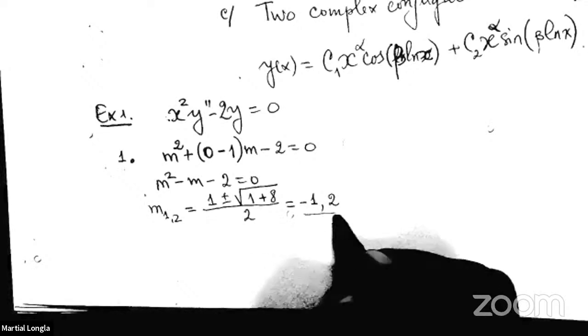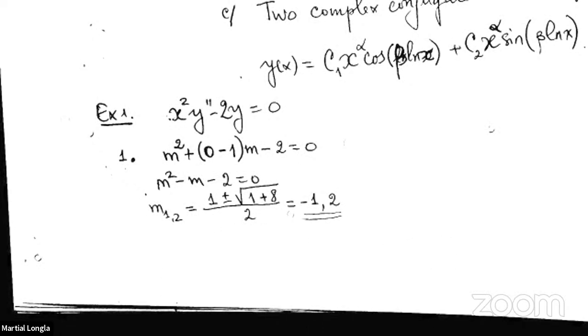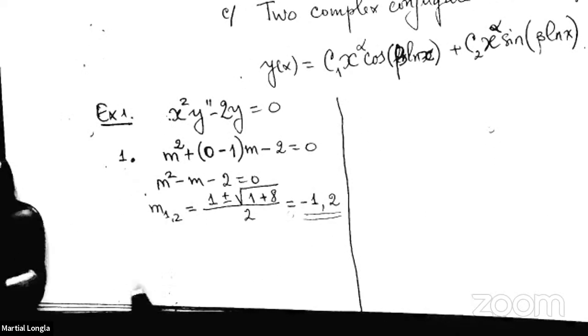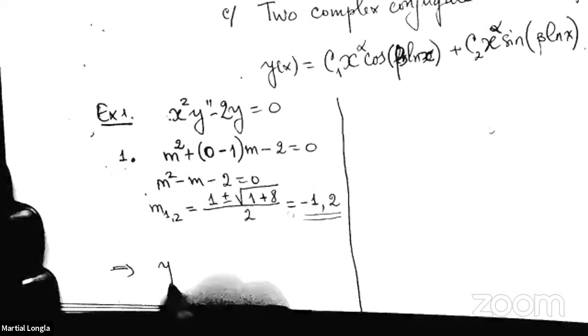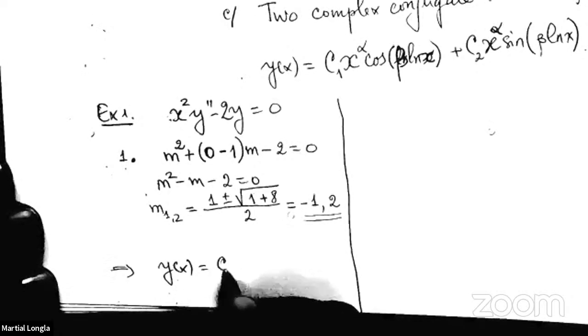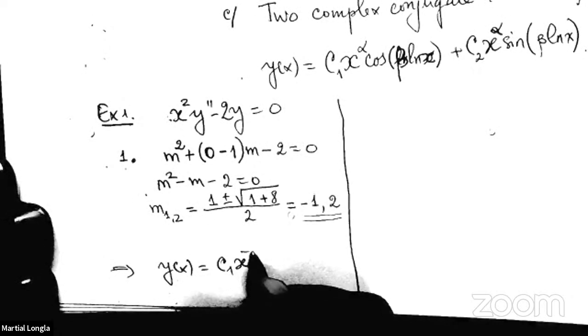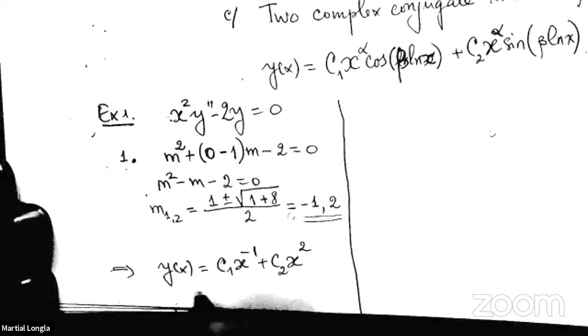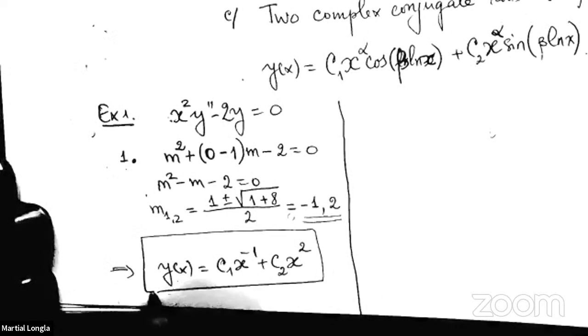So the two answers are minus 1 and 2. They are different. And because they are different, the answer is y of x equals c1 x to the minus 1 plus c2 x squared.